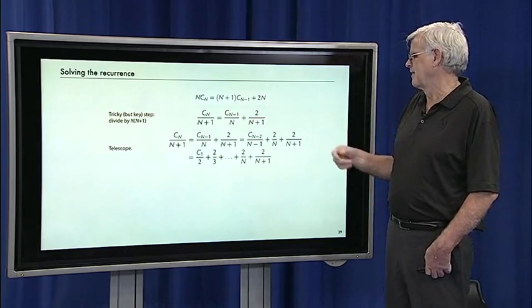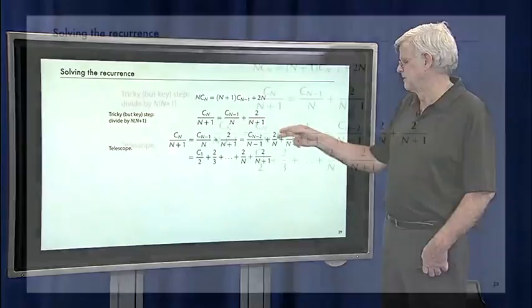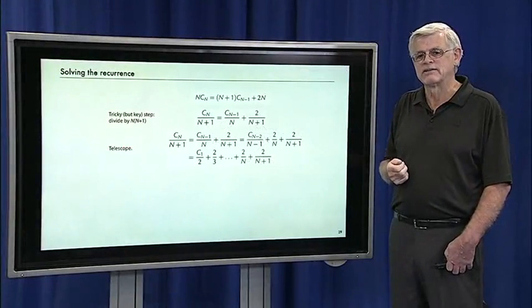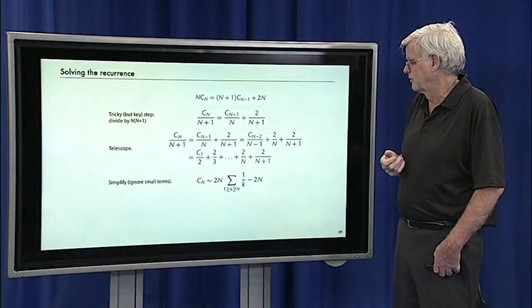If we plug in C_(n minus 1) over n equals C_(n minus 2) over (n minus 1) plus 2 over n, then we have that formula. And then we can continue doing that until we get down to our starting point, C_1. Then there are no unknowns on the right-hand side, and that's a solution.